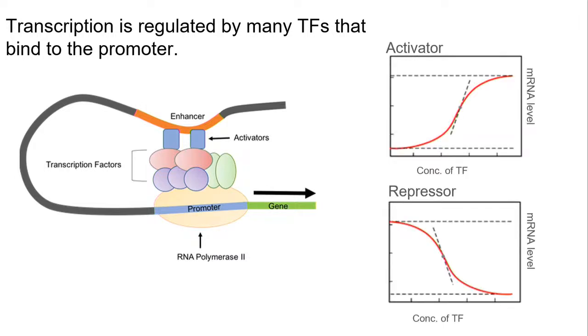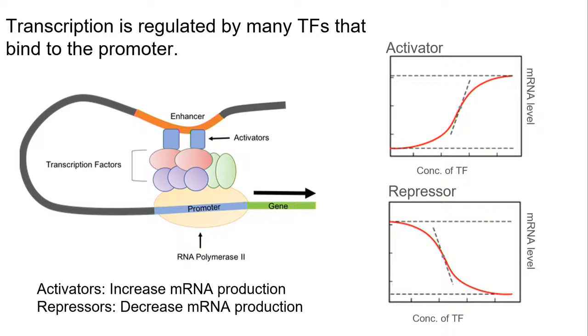So these transcription factors are of two broad types. They are either activating or repressing in nature. For an activator, as you increase its concentration, transcription goes up, you get more mRNA. Meanwhile, if you have a repressor and you increase its concentration, transcription goes down and you have less mRNA.